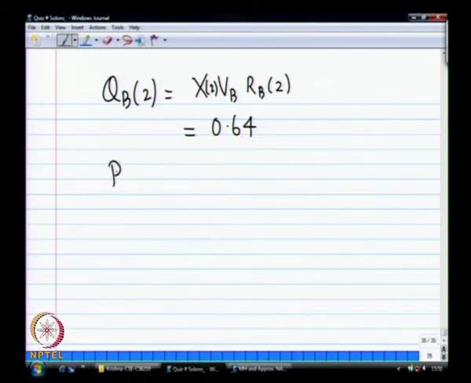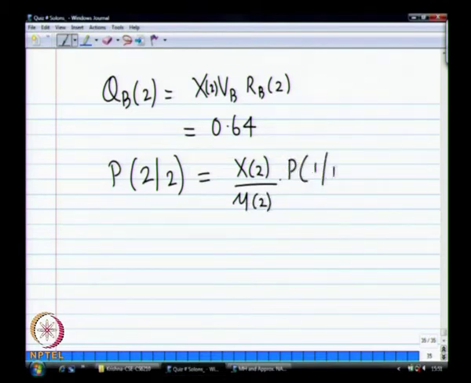Now we have to compute P of 2 comma 2, P of 1 comma 2 and P of 0 comma 2. P of 2 comma 2 is given by X of 2 by mu of 2 into P of 1 comma 1. So this is 0.52.